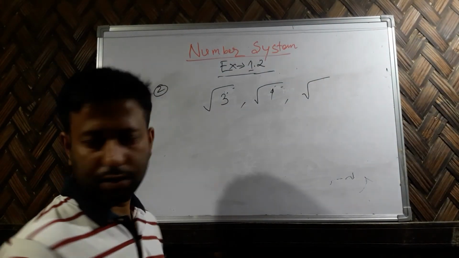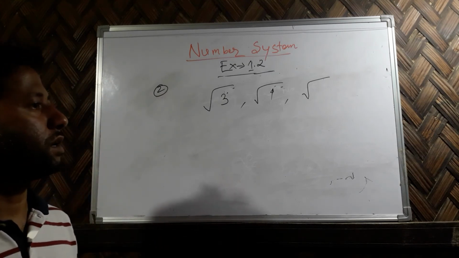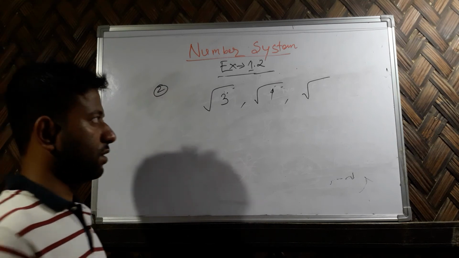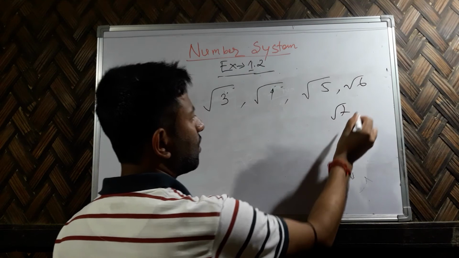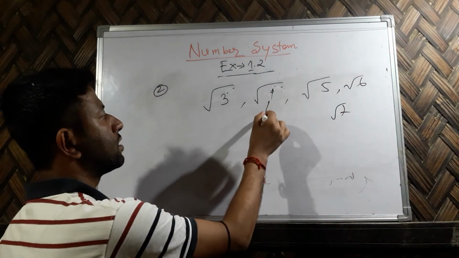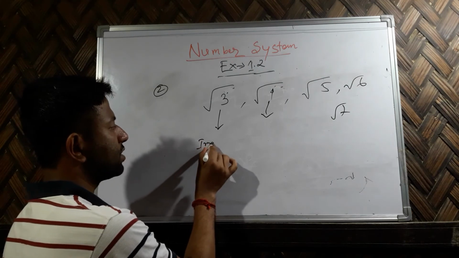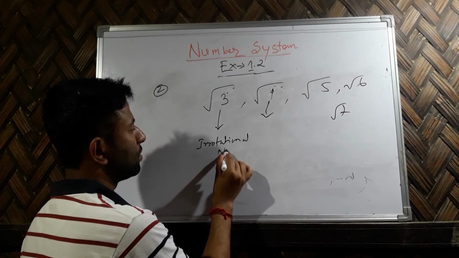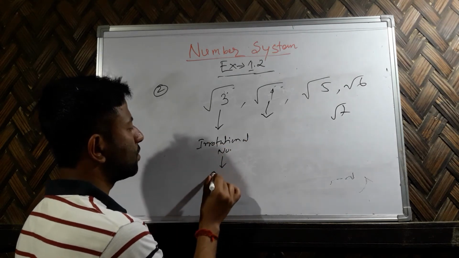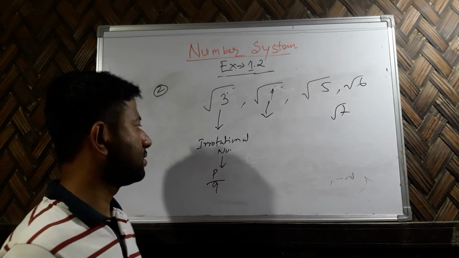So the second question is whether the square roots of all these positive integers are irrational numbers. So suppose root 4, root 5, root 6, root 7, all these numbers I am writing. So now here I observe, yes, root 3 is an irrational number because I cannot represent this in the form of p by q. That is never possible. So I can say this is an irrational number.